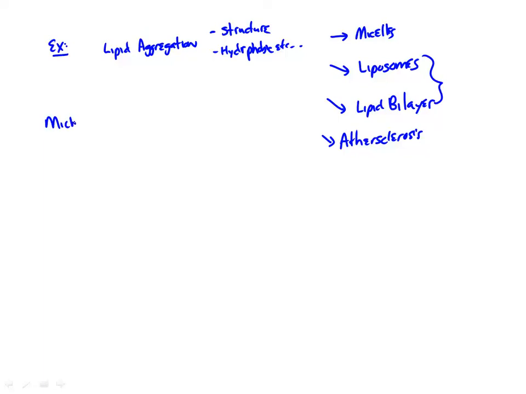See, for me, micelles are really just fatty acids, which means they have one tail, right? Versus liposomes and lipid bilayers, which are actually phospholipids. And so that's why they have a hydrophilic head and two tails, because phospholipids have two fatty acids on them, right?